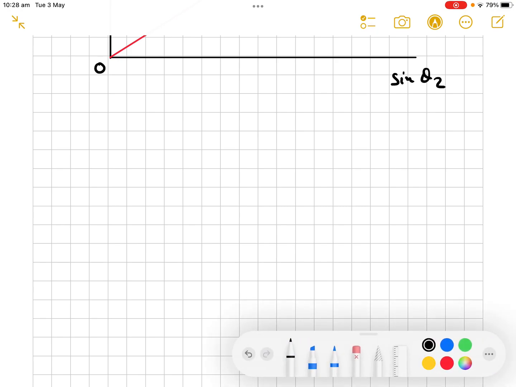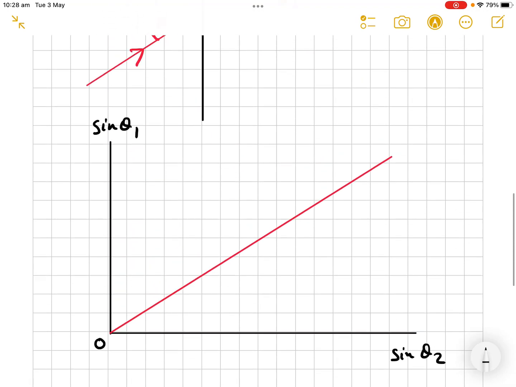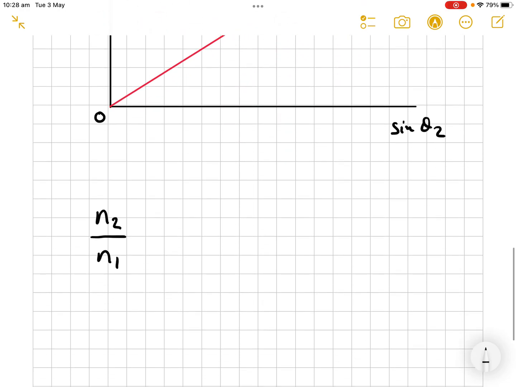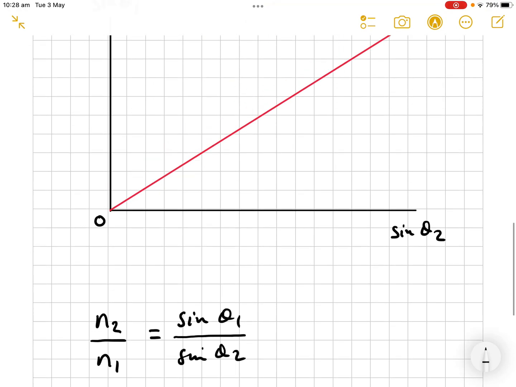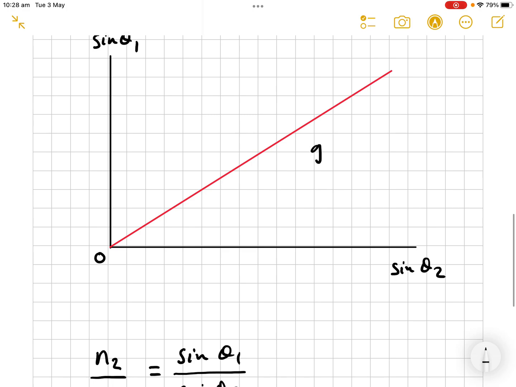So I'm going to give you the extended form of Snell's law, and it says that if you take the refractive index of the second medium, in this case the glass, and you divide it by the refractive index of the first medium, then that expression n2 over n1 will equal sine theta 1 divided by sine theta 2.